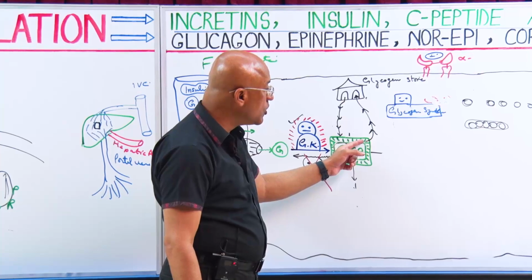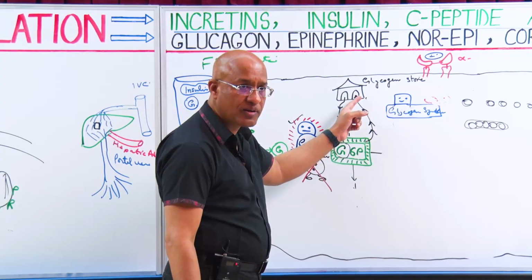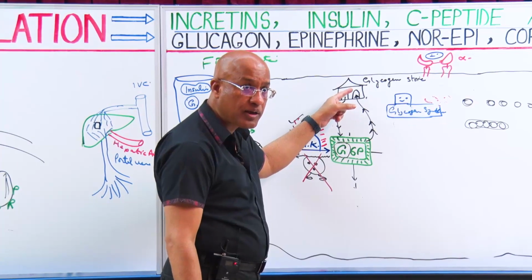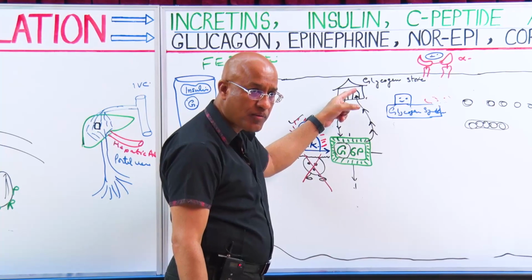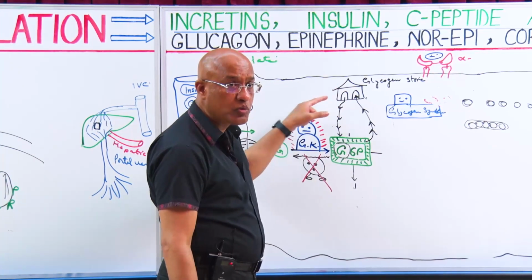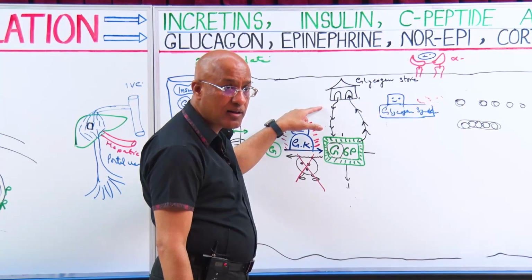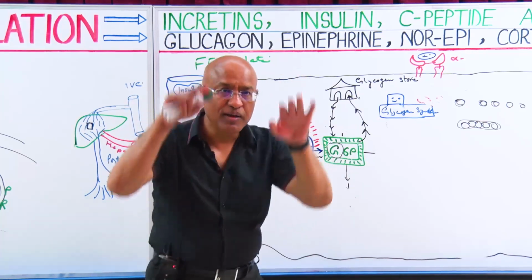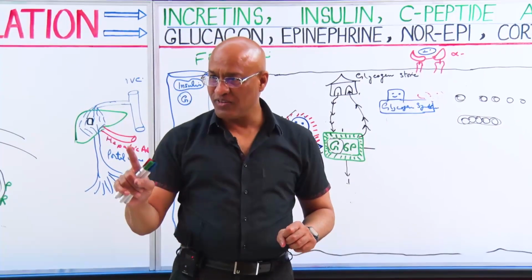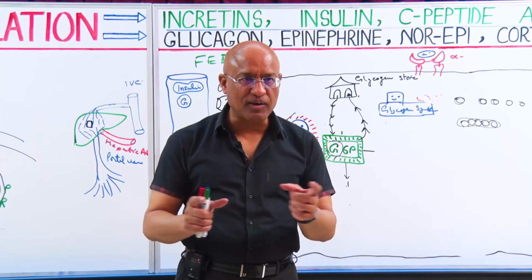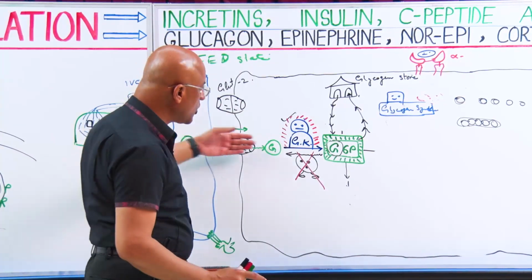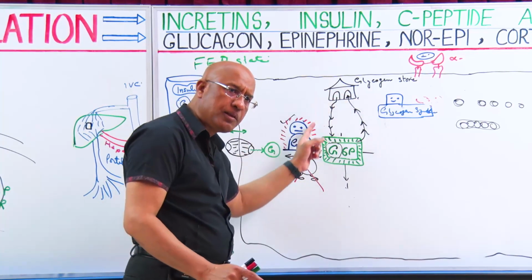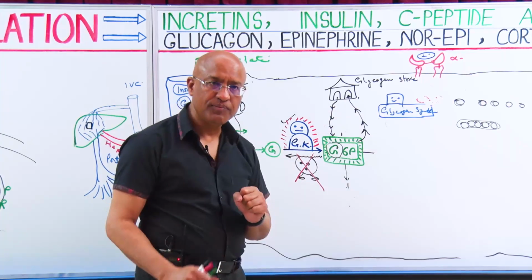But insulin also stimulates glycogenesis, glycogen formation, and it should, in fed state, when there is abundance of glucose. Insulin should do something to the enzymes, so that those enzymes involved in breaking down glycogen are inhibited. If insulin has to work intelligently, then whenever more glucose is coming, it should stimulate the pathway for glycogen formation and inhibit the pathway for glycogen breakdown.